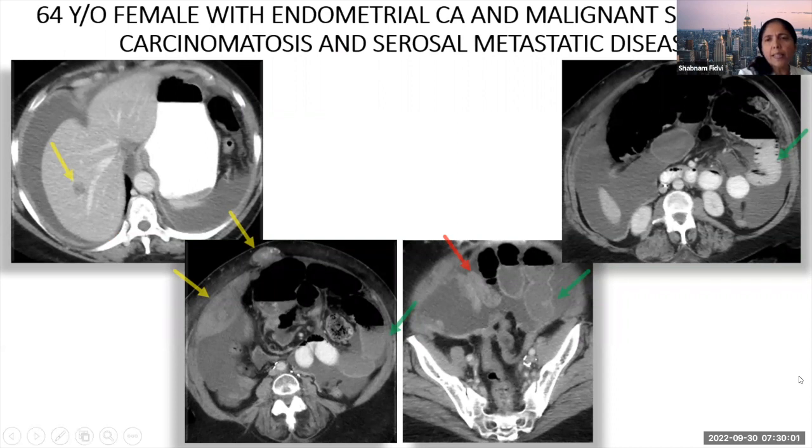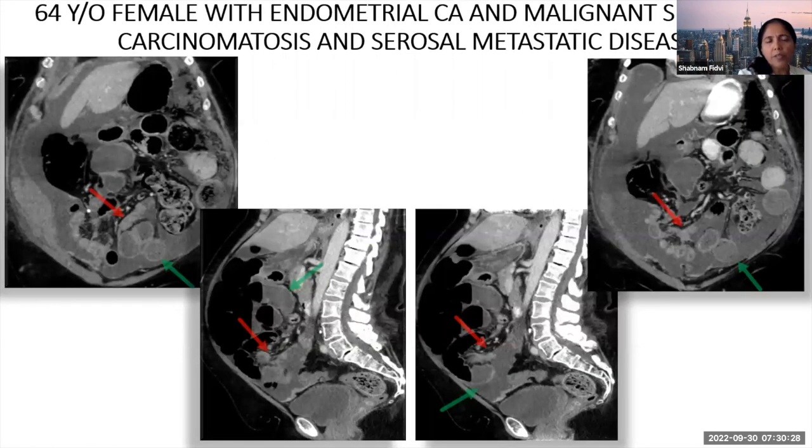And you will see that the green arrows depict proximal dilated small bowel loops. If you follow the small bowel down into the pelvis, there's a caliber change denoted by the red arrow, which shows a transition point with abnormal mural thickening and enhancement involving the pelvic small bowel. And this is a malignant small bowel obstruction due to serosal metastatic disease.